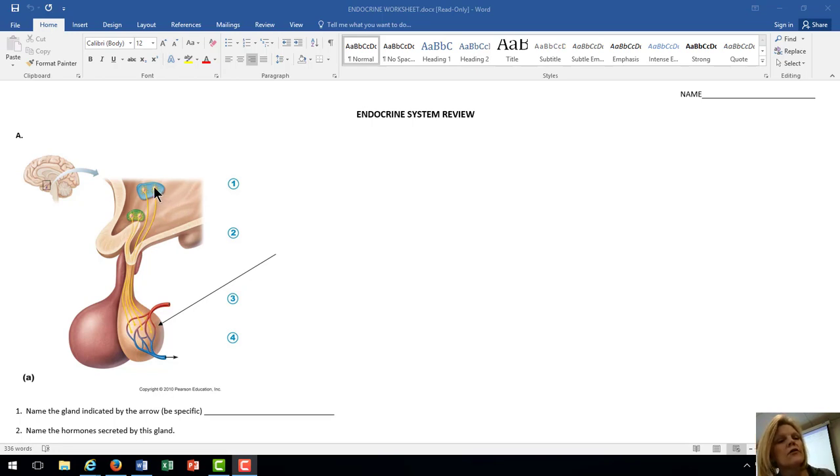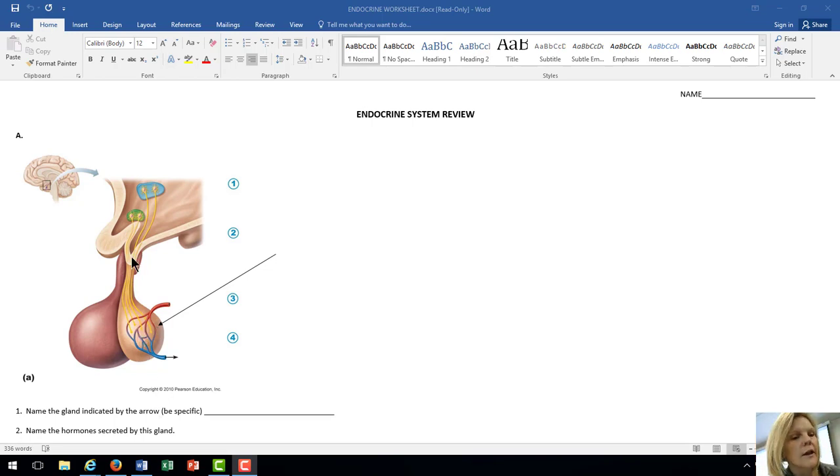So we can see there are cell bodies there that are in charge of making a hormone, and then that hormone is released and stored in the axon terminals down here in the posterior pituitary. So the gland indicated by the arrow here for number 1 is the posterior pituitary.